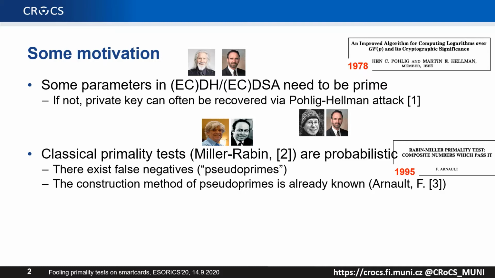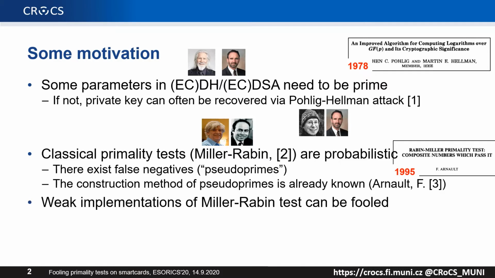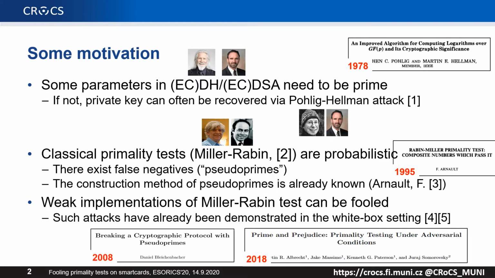And if you know the particular parameterization of, say, the Miller-Rabin algorithm, you can construct numbers that are these pseudoprimes. So they are composite, but look like a prime to these algorithms. Already known from 1995. And it was shown that in practice, many implementations of the Miller-Rabin algorithm can be fooled.